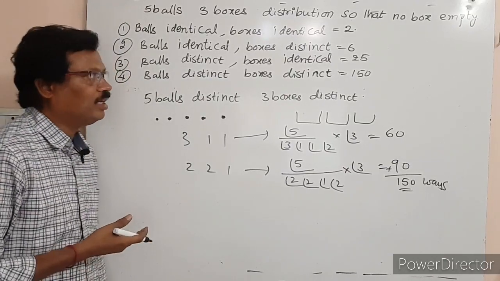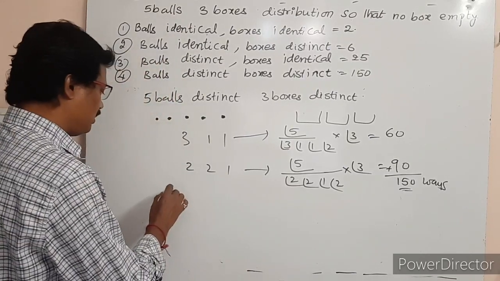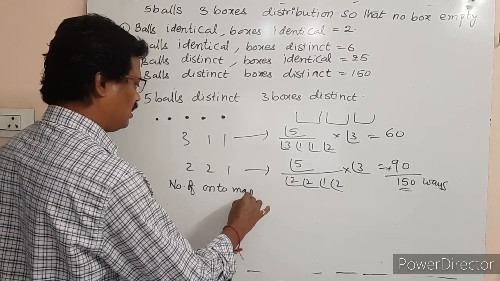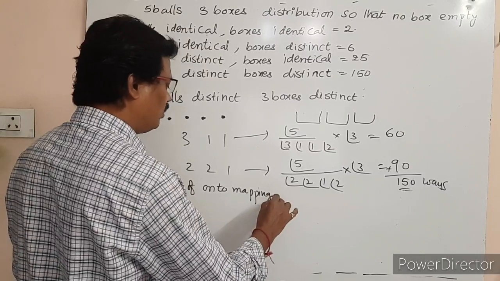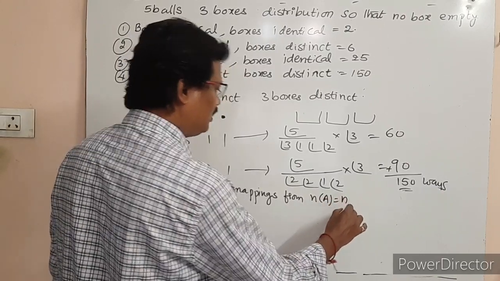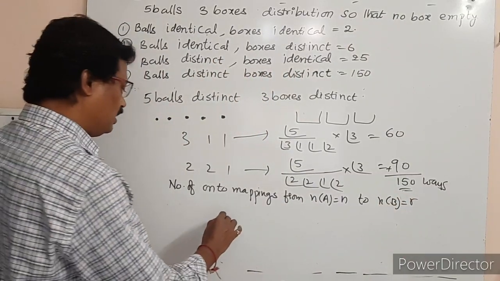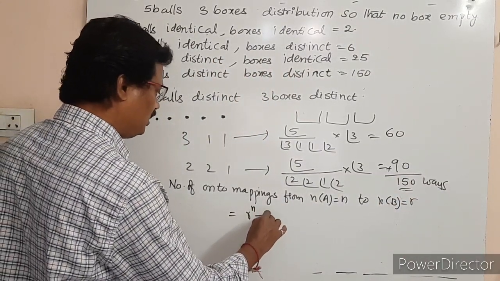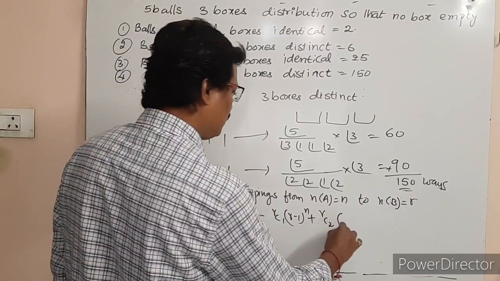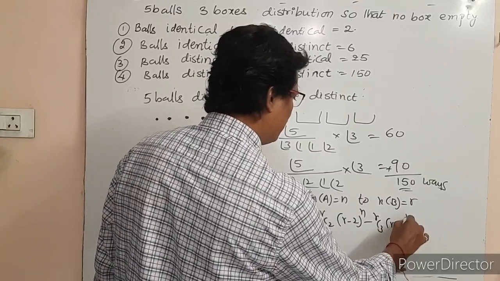Now, this is nothing but the number of onto mappings. Number of onto mappings from set A with n elements to set B with r elements is r power n minus rC1 into (r minus 1) power n plus rC2 (r minus 2) power n minus rC3 (r minus 3) power n, go on.